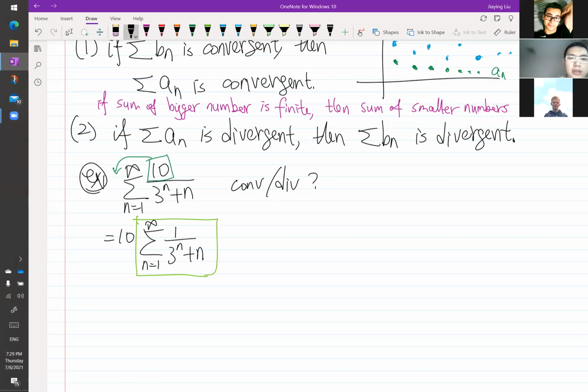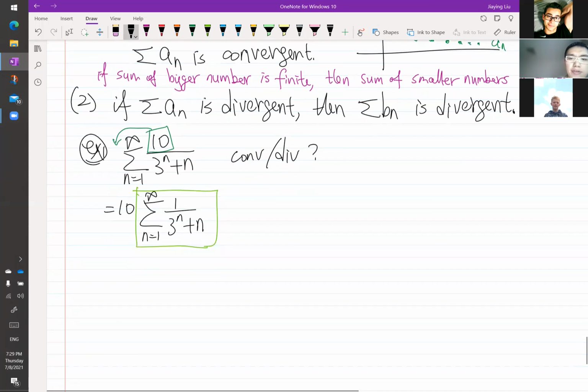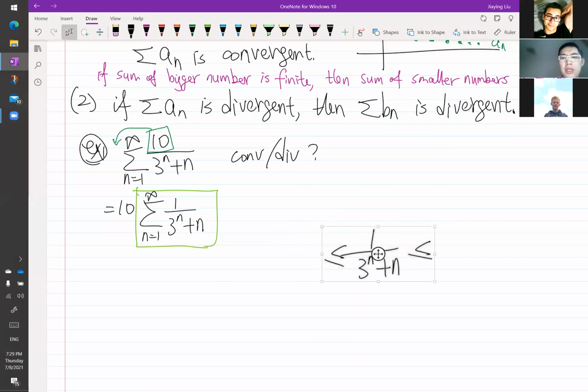To figure out if this series is convergent or divergent using the comparison test, if you remember, we can pick functions that are bigger and smaller than this, so we can compare them with the given one. So here's 1 over 3 plus x.